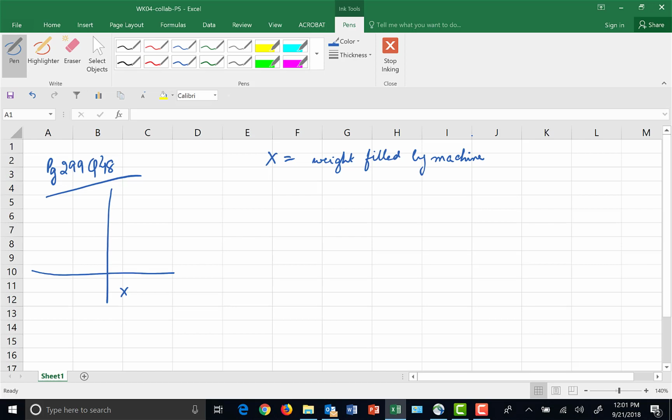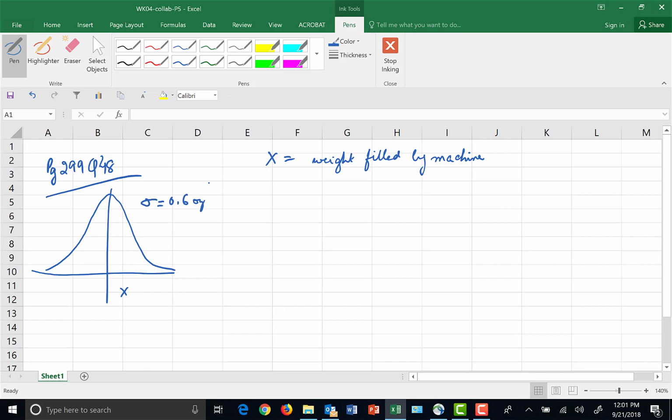So x varies a little bit randomly, and we are told that it's normally distributed, and the standard deviation is known to be 0.6 ounce. Okay, that's what the first line tells us.